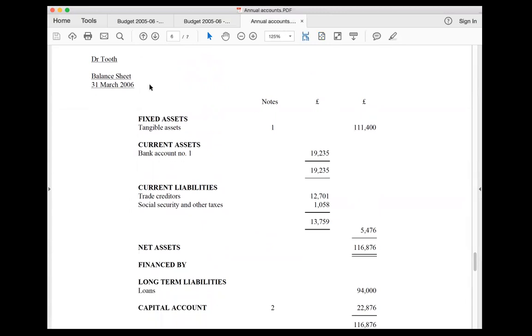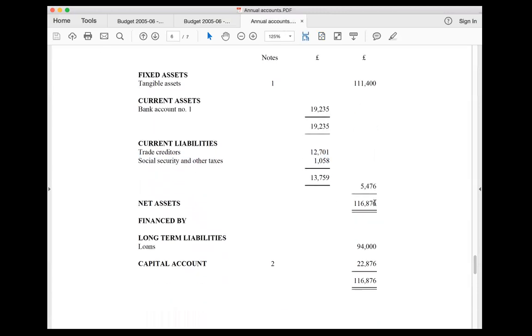At the same time, the balance sheet shows, at that particular time, on the 31st of March, in this instance 2006, a few years back but same principle, a snapshot showing the assets owned by this business. Fixed assets are 111,400. Cash at that day was 19,000. At that date, it had creditors of 12,701 and other taxes payable of 1,058.